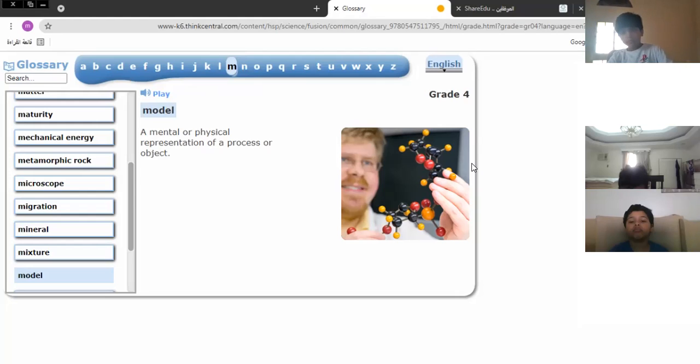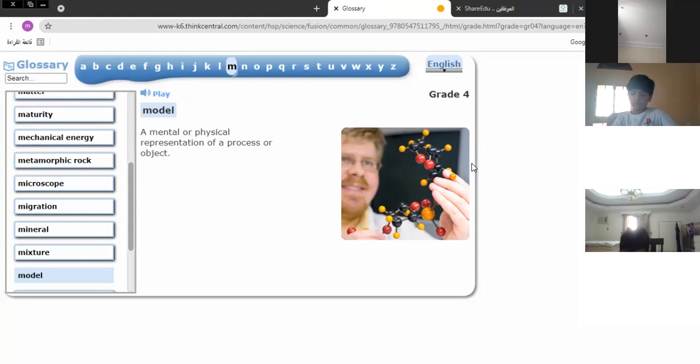We can make models for many things, like what, Usama? Plane? Yeah, we can make a model for a plane. The plane is so huge. We can't make a real plane ourselves, so we can model it. That's great.